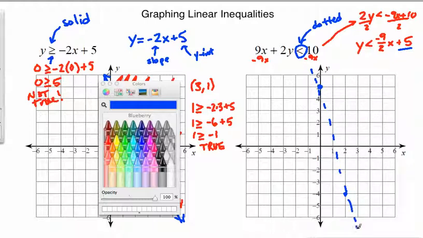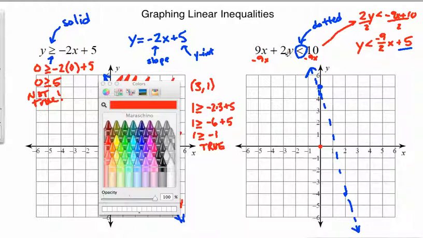sorry, my line kind of, it sucks. When I do this dotted line, what that means is anything on the line there is not in the solution. Okay, so it's not part of our solution. When we go ahead and test a point, usually the easiest point to test if it's not on the line is 0, 0. So let's go ahead and test that.